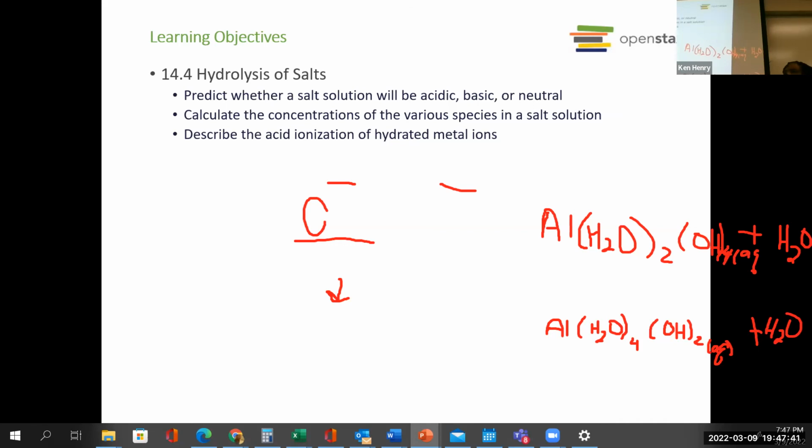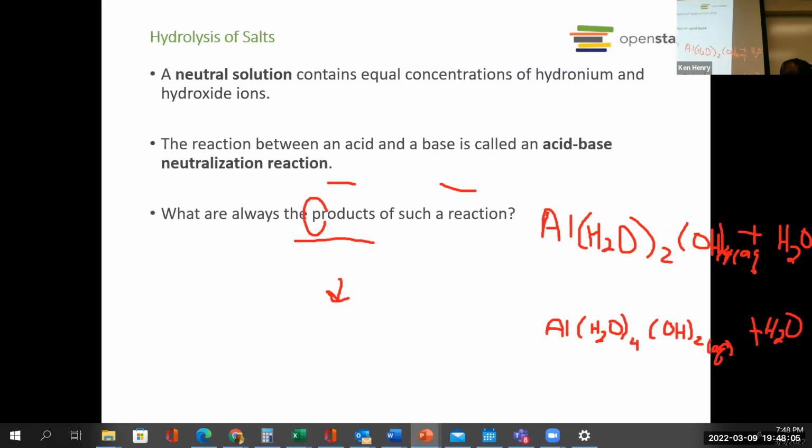And then we're going to show you how to calculate the concentrations of the various salt species, and how to describe the acid ionization of hydrated metal ions.